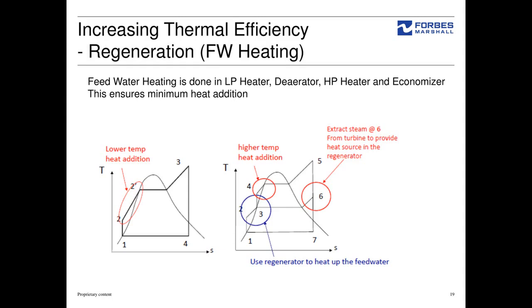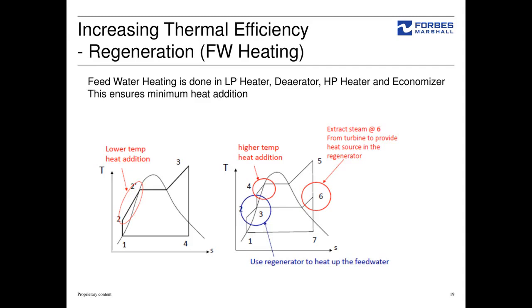In LP heater and deaerator, you can see process 2 to 3 on the second graph. After reaching point 3, water is pumped using large boiler feed pumps, BFPs, and pressure is increased from point 3 to point 4. Then again heat is added at this higher pressure using HP heaters and economizers.